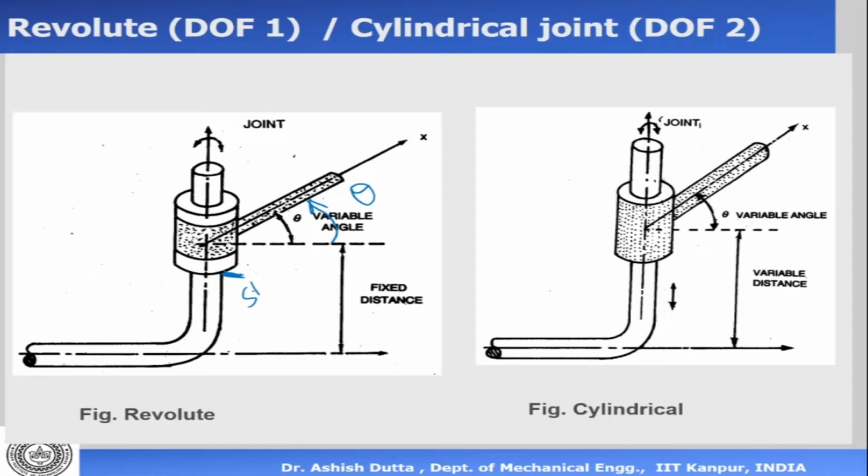It also has 1 degree of freedom, and the variable is theta. The other kind of joint is a cylindrical joint, which has 2 degrees of freedom. In this case there is no stopper, so it can move up and down by x, and there is a variable theta. So it has 2 degrees of freedom: the rotation theta and the translation distance x.